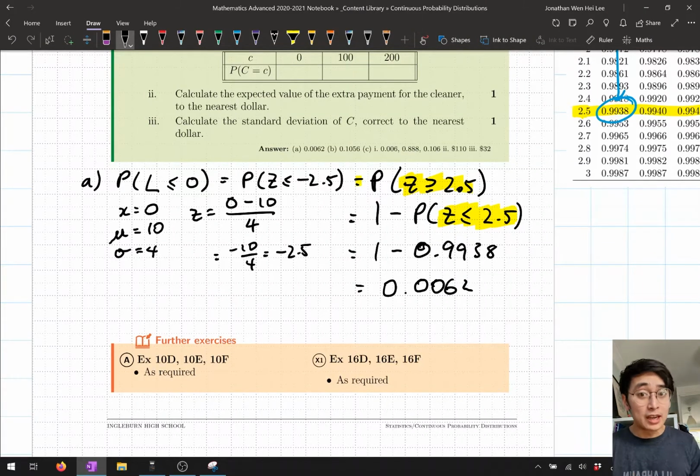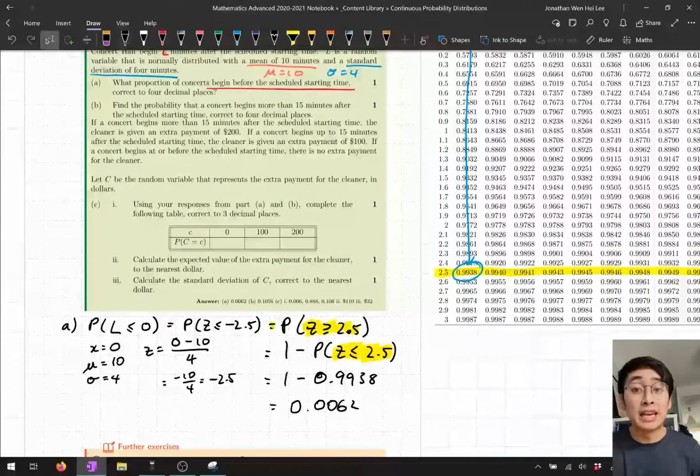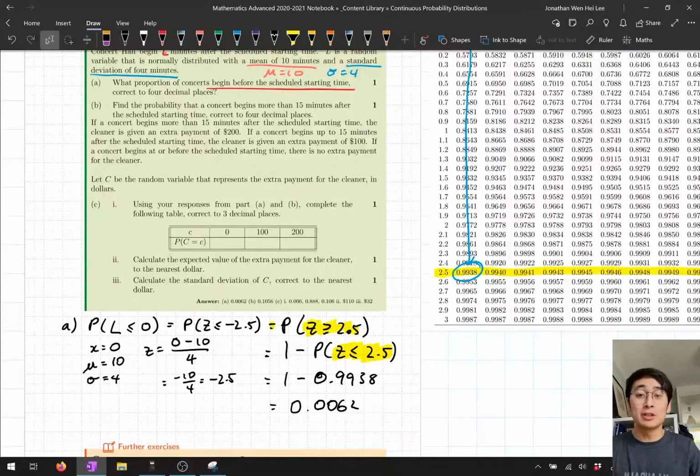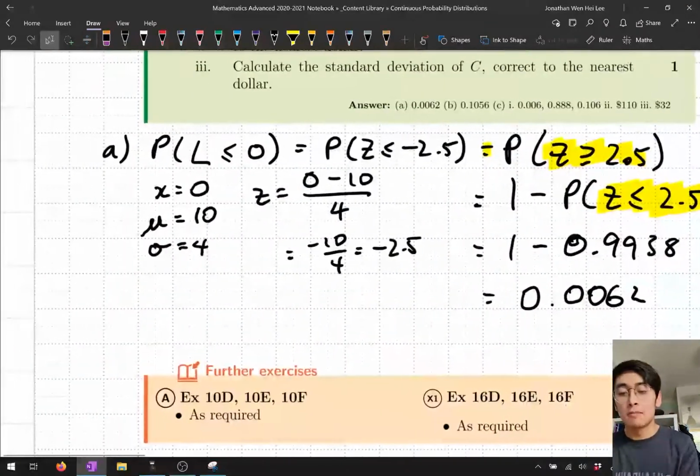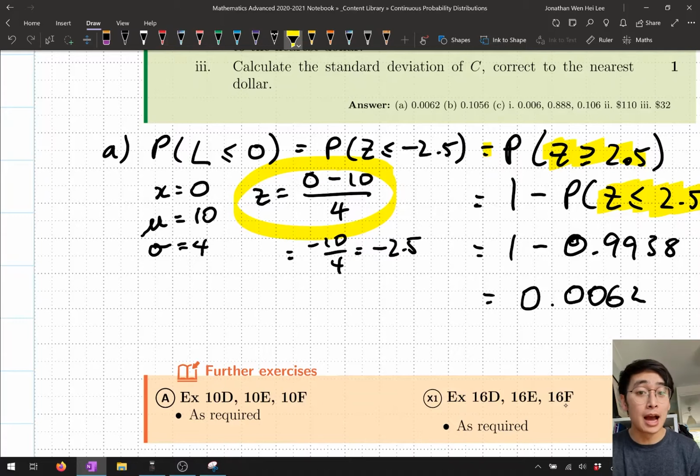Okay, cool. So just like we did before, we had a random variable that had its own mean and standard deviation. What we need to do is convert that to a standardized normal distribution by using that formula from last lesson, x minus mu over sigma, and that gave us our z-score. Because we were dealing with a negative z-score, unfortunately our table doesn't work for negative values.